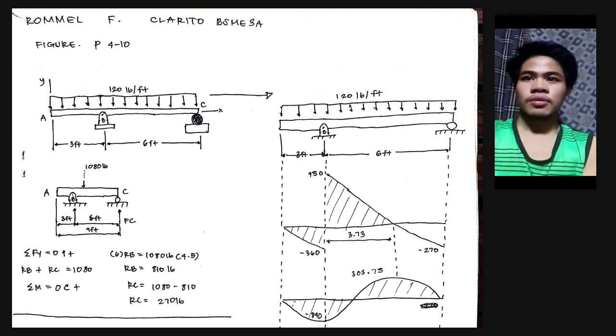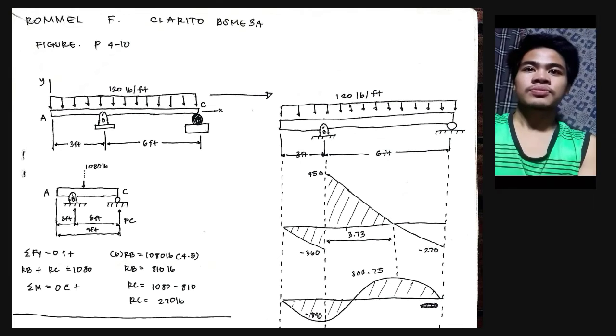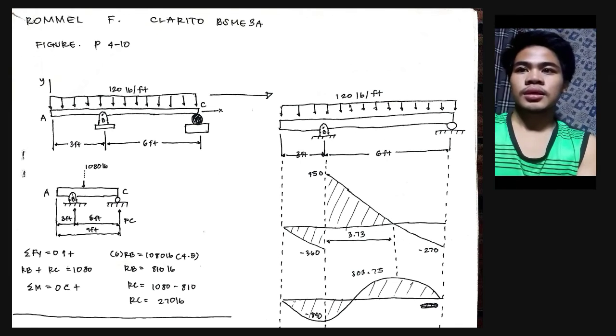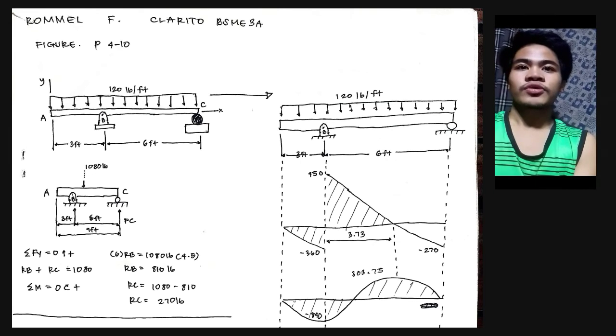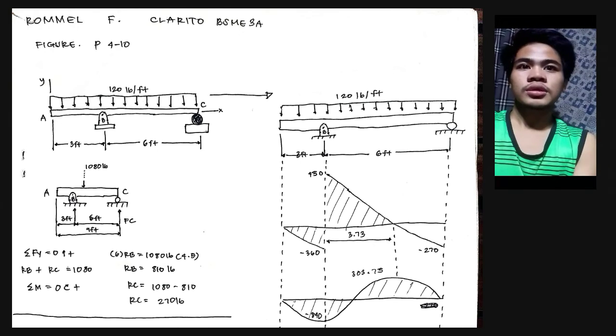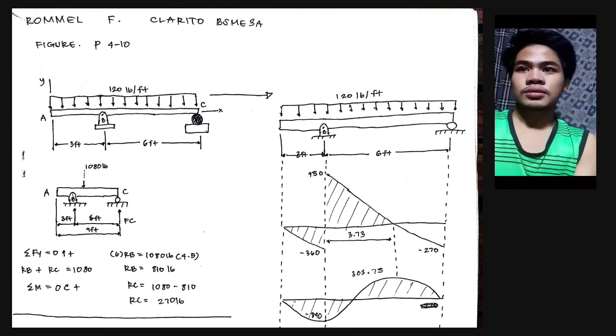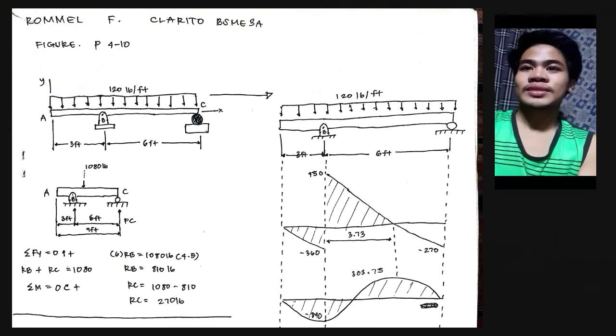And let's go to the next problem. Figure P4.10. We have here a pin and roller support beam and a uniformly distributed load of 120 pounds per foot. So first, solve for this equation. We need to get the reaction forces at the pin support and also the roller support, by drawing the FBD.